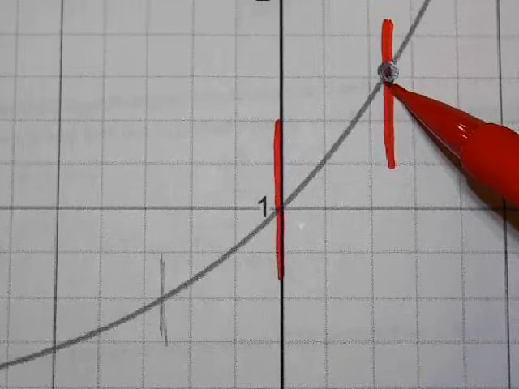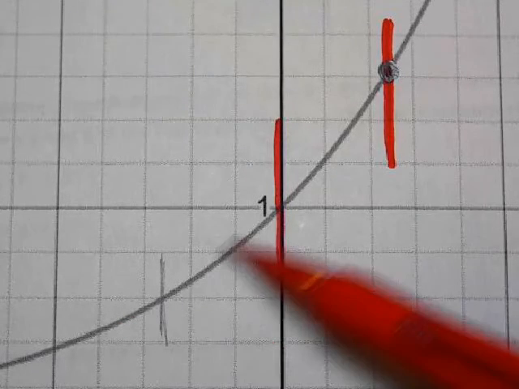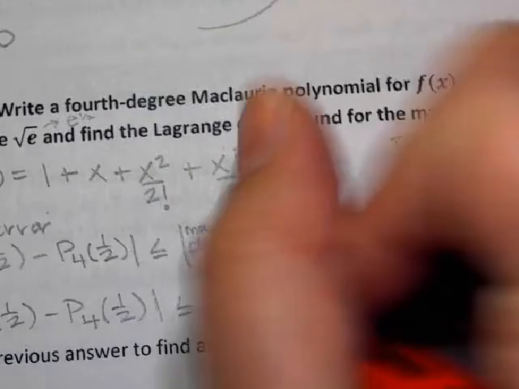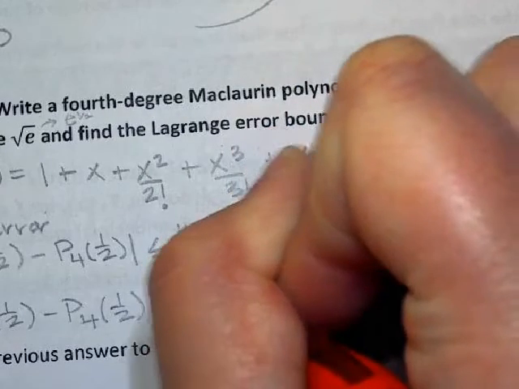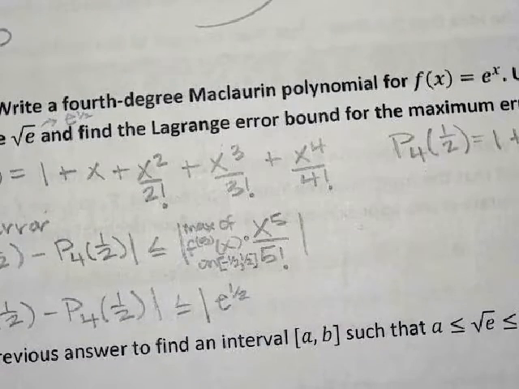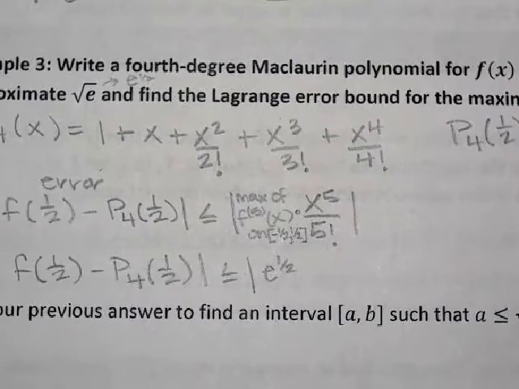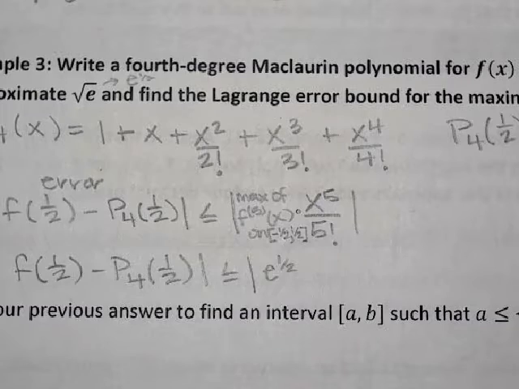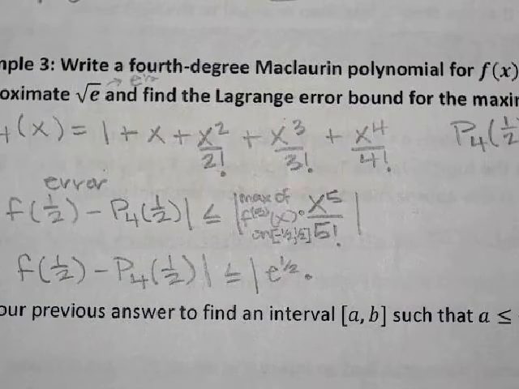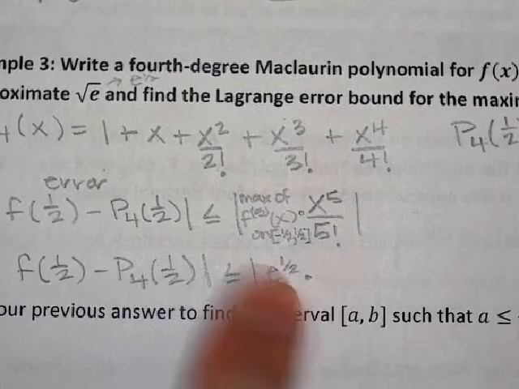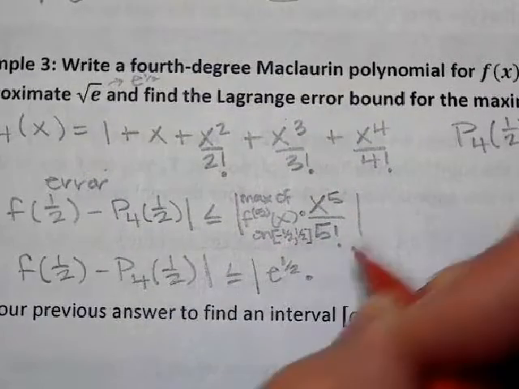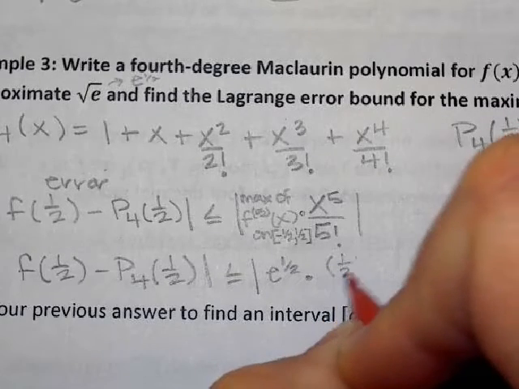So I'm going to say that the maximum derivative is e to the 1/2. So I'm plugging the approximation I'm trying to find into it. It's silly, but we're going to do it anyway. Times, and then what do I plug in next? Yeah, 1/2 to the 5th over 5 factorial.